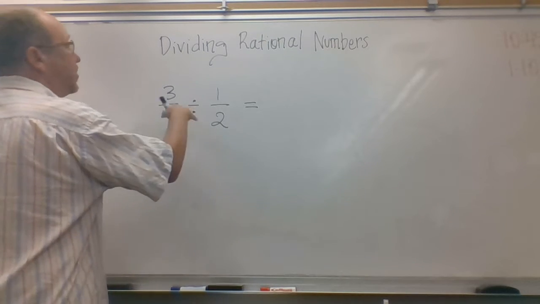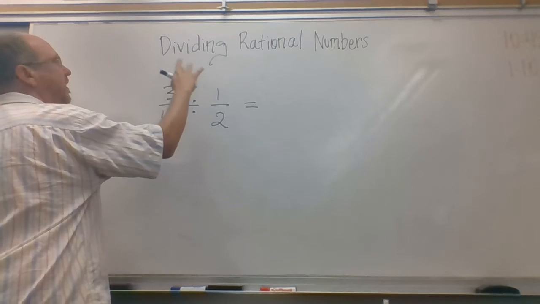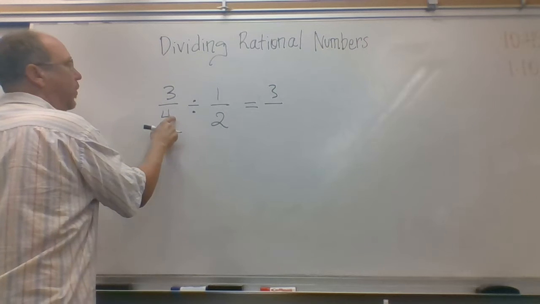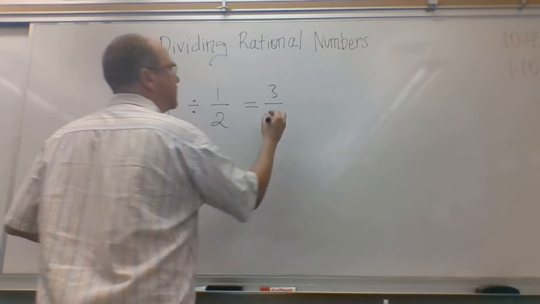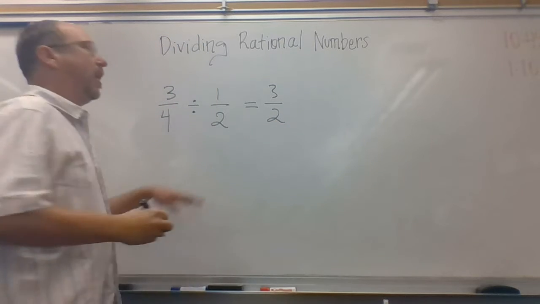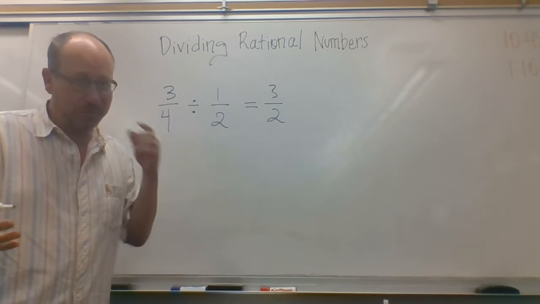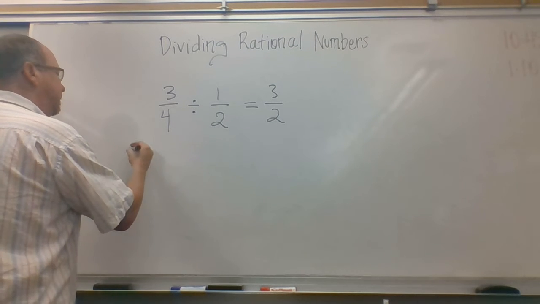And like multiplication, there are times when it will work to divide straight across. 3 divided by 1 is 3. The denominator 4 divided by the denominator 2 is 2. Our improper fraction is 3/2. Super simple, right?